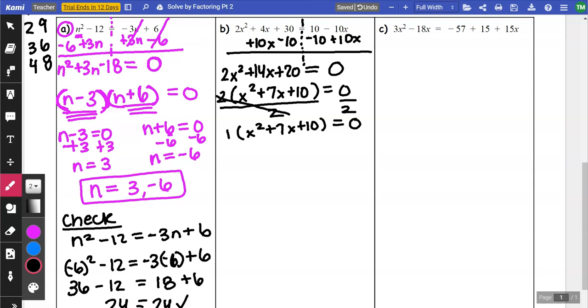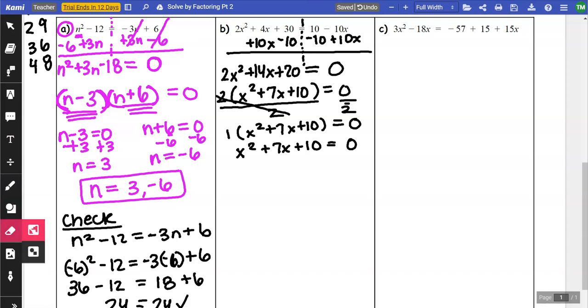Now, if I distribute this 1 times x squared, 1 times 7x, and 1 times 10, is that going to change anything? No, it's not. So I'm left with x squared plus 7x plus 10. We don't need that 1 out in front anymore. So what we did was we basically just divided this entire equation by 2 and simplified it to make factoring a lot easier for us.